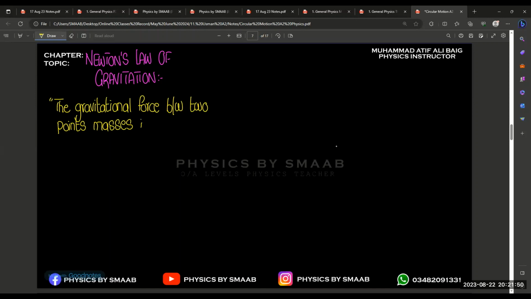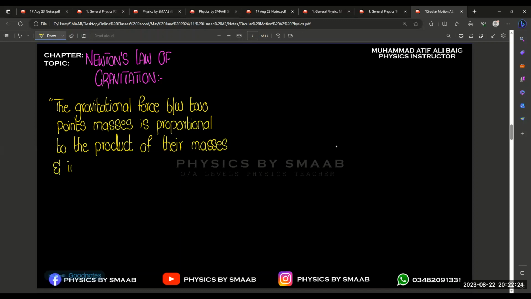So the gravitational force between two point masses is directly proportional to the product of their masses, and inversely proportional to the square of the distance between them.